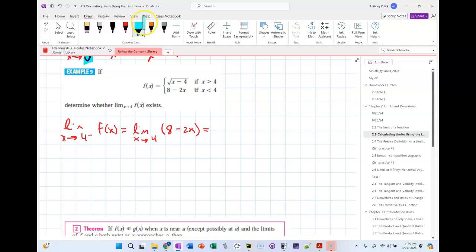Yeah. If we look at x approaching 4 from the left, we're looking at that part of our piecewise function, right? Now, 8 minus 2x is a polynomial, so I can just do direct substitution on this. Everybody agree?